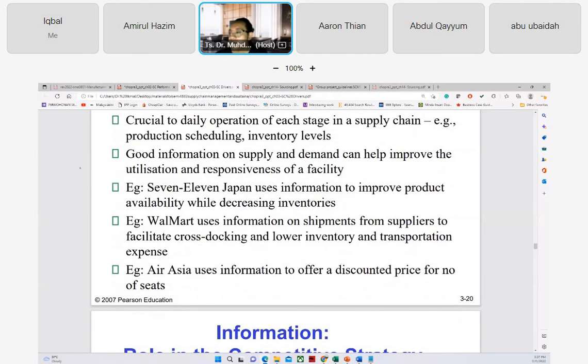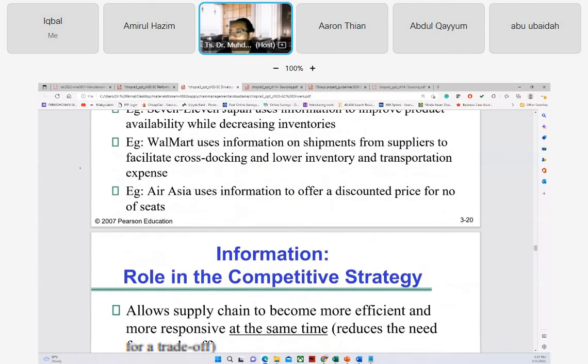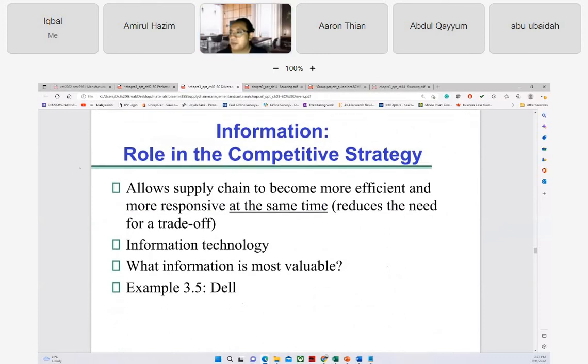And then AirAsia uses information to offer a discount price for a number of seats. So for a competitive strategy, it allows the supply chain to become more efficient and more responsive at the same time, and reduces the need for trade-offs. See, you have to manage your information in a very efficient way.